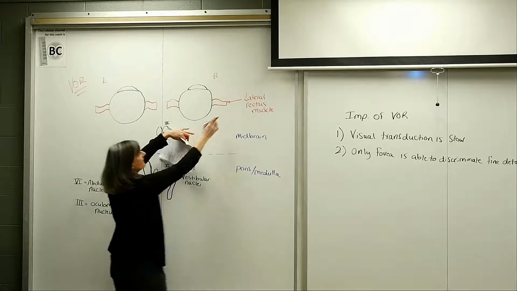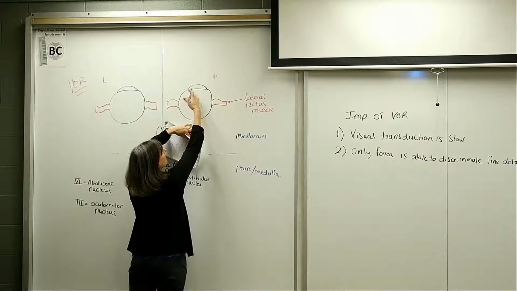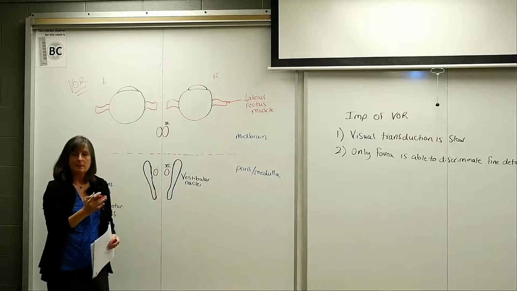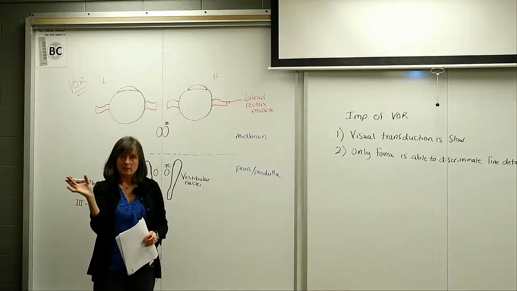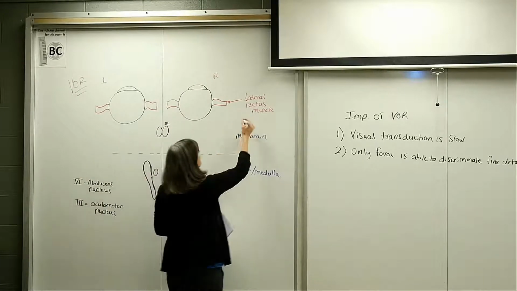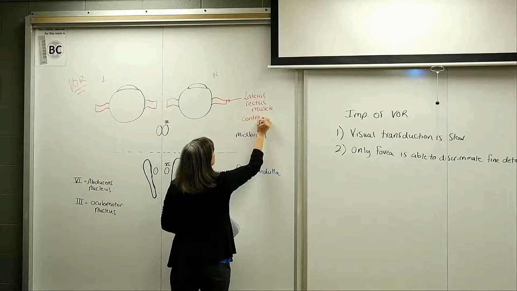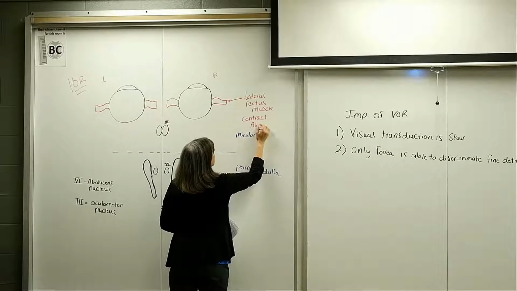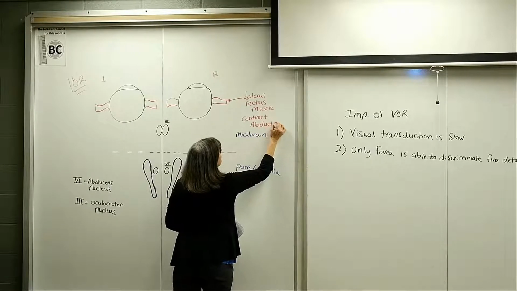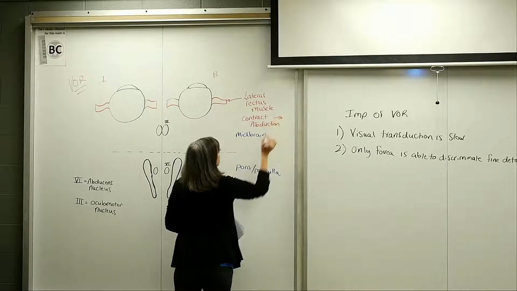If you contract the lateral rectus muscle, it's going to move the eye laterally, which is called abduction.